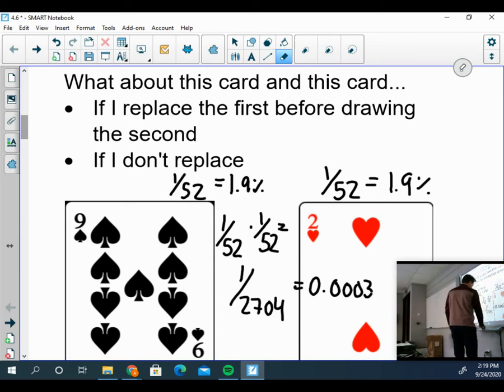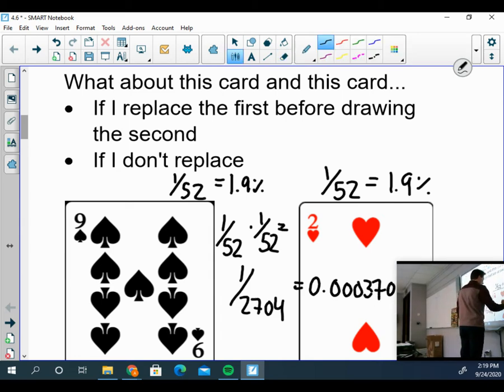Sorry, I rounded wrong. Or in other words, a 0.037% chance that happens.